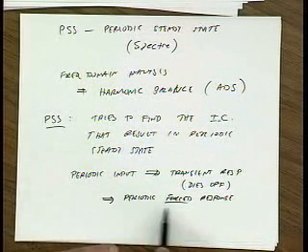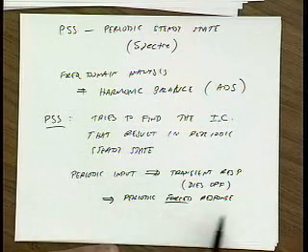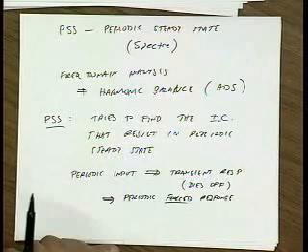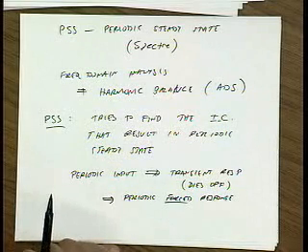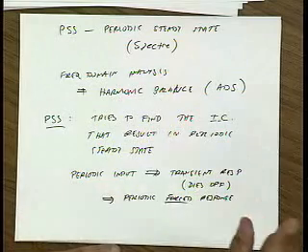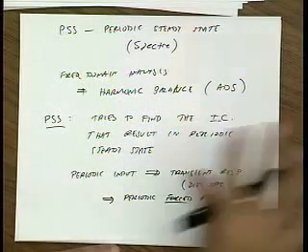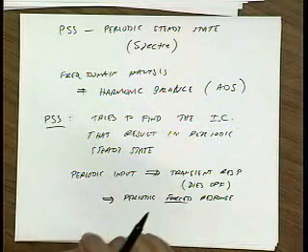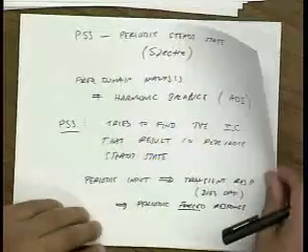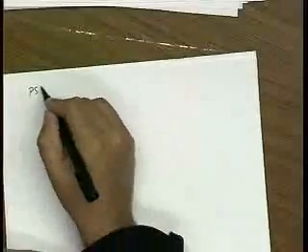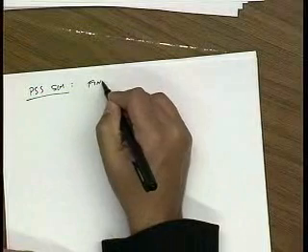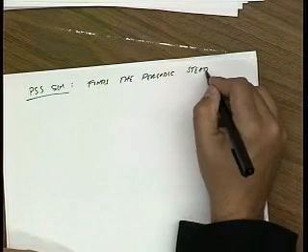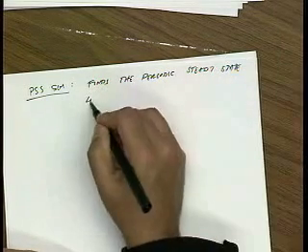So the idea of PSS is instead of running a long transient to get to this state, what if I could find the initial conditions in steady state? Then all I have to do is simulate one cycle, and I know the complete behavior of my system because it's periodic. So the trick is to find those initial conditions. A PSS simulation finds the periodic steady state usually in about 4 to 5 iterations.